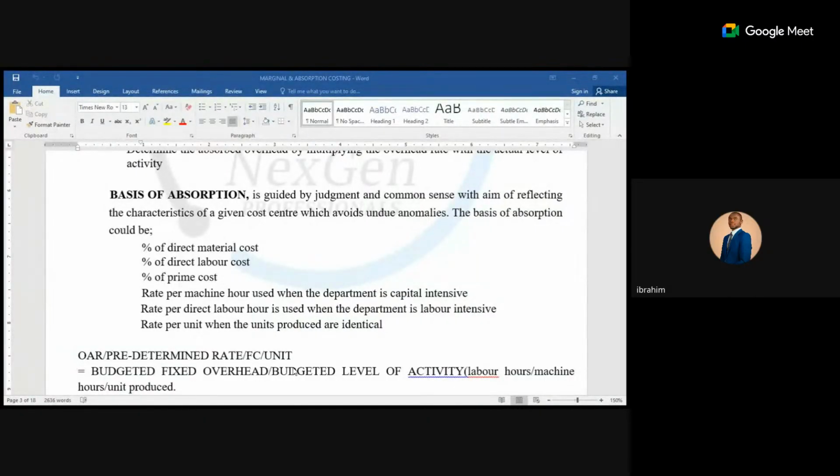If the question states that the company absorbed their overhead on the basis of machine hour, or on the basis of labor hour, all you need to do is identify the budgeted fixed overhead and divide it by the budgeted level of activity, which is what they actually budgeted for. It could be based on machine hours or labor hours. We'll get there.